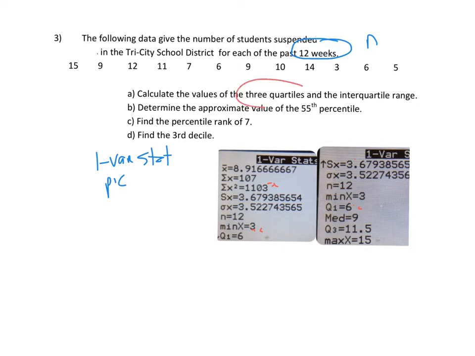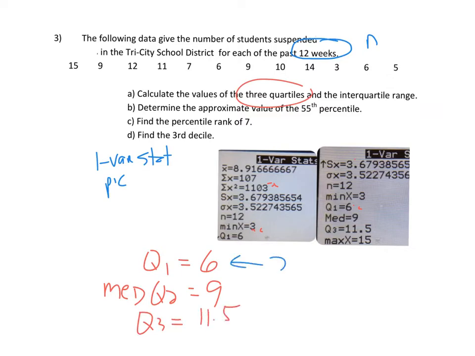Here are the 3 quartiles. So Q1 is 6. The median, Q2, is 9. And then the upper quartile, Q3, is 11.5. And how do those tie in? Well, the lower quartile is the 25th percentile for the data.